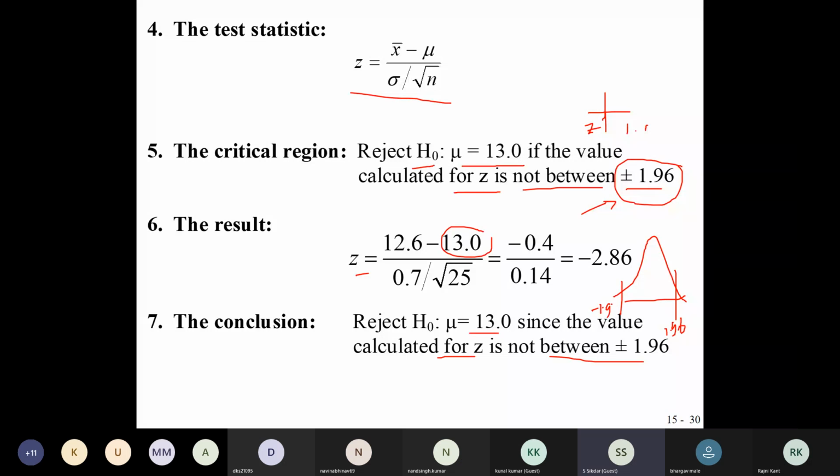Here is your 0, and minus 2.86 goes beyond this one. It is much beyond plus minus 1.96. So we have to reject H0. That's the way to solve your problem.